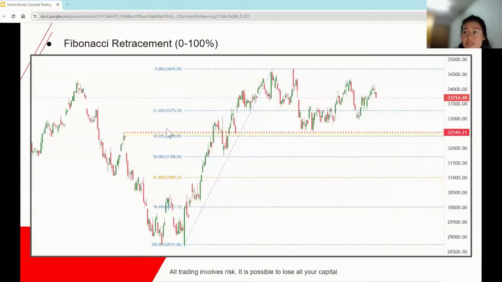We firstly will identify this is a swing high, swing low, which means it's an overlap level. But this overlap level also lines up with a 38.2 with the lowest point, the starting point here, ending point here. And therefore we can identify that price is likely to rebound off of this level again. Okay, which is exactly what happened here.